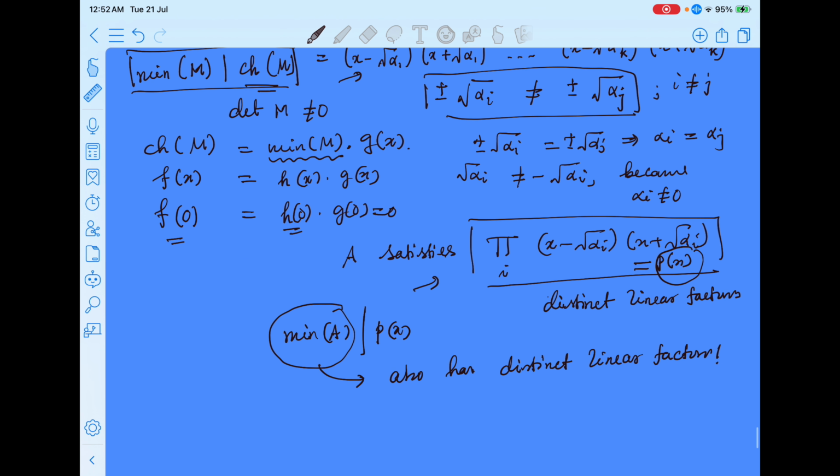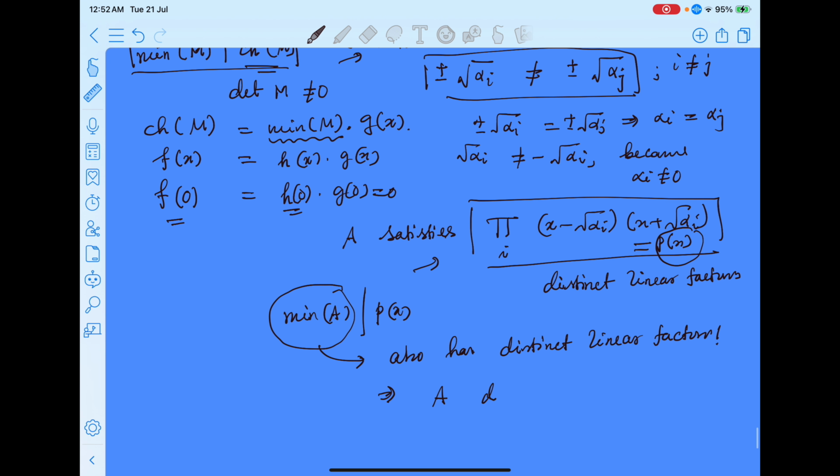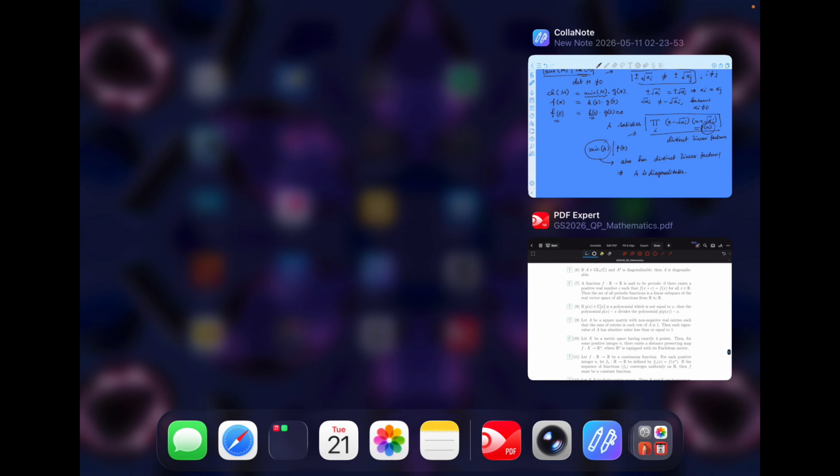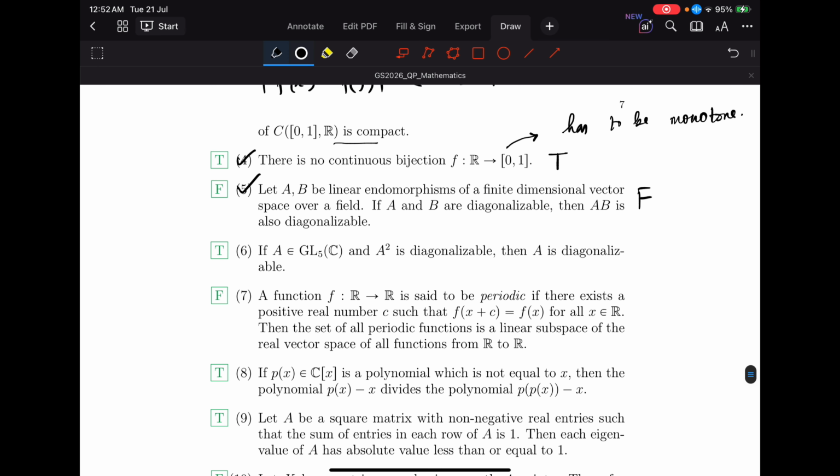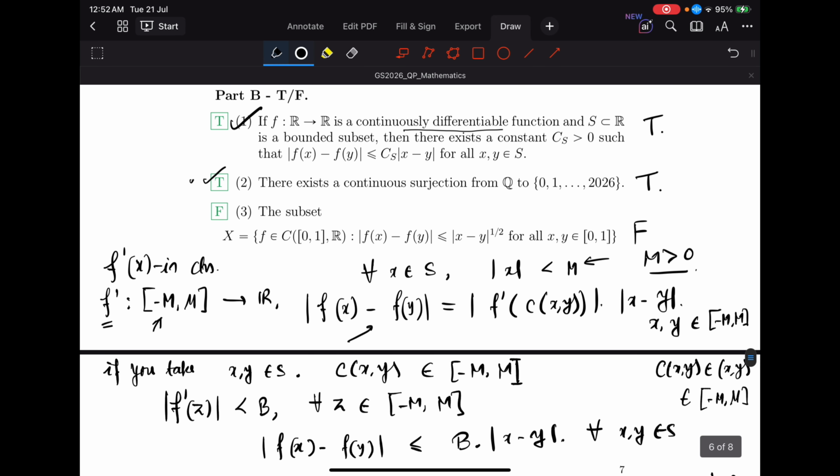Okay, so that will imply A is diagonalizable. So this is done. This is true.